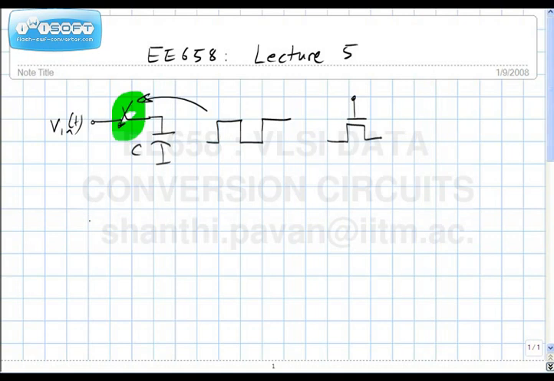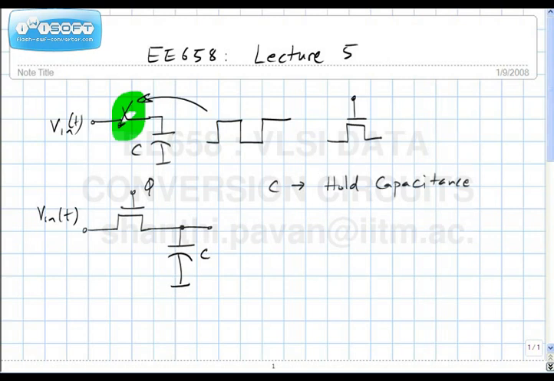So the first candidate sample and hold that we will talk about is the NMOS switch. This goes to the clock, often denoted by the symbol phi. This is Vin of T, and this is the capacitance C. C is often called the hold capacitance for obvious reasons.